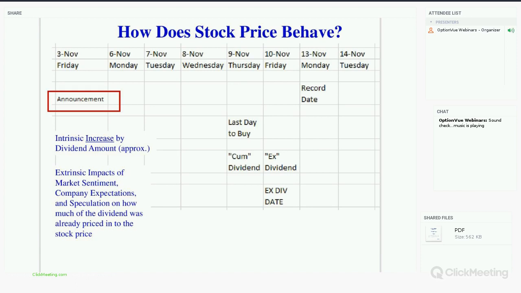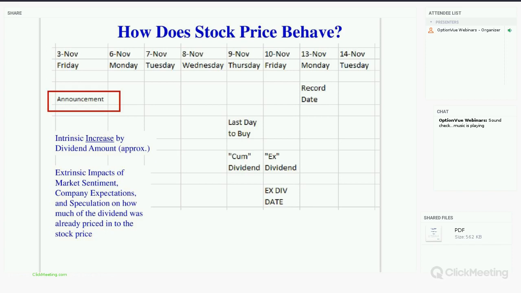I'm going to say approximate, because there could also be extrinsic impacts from market sentiment. If the market is in a bearish tailspin, then all bets are off. There could be company expectations, and speculation on how much of the dividend was already priced into the stock price.